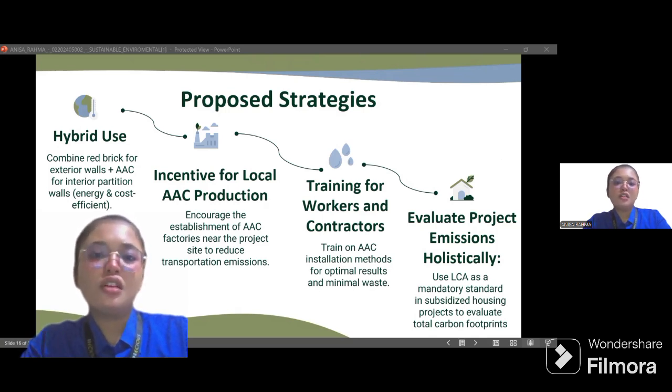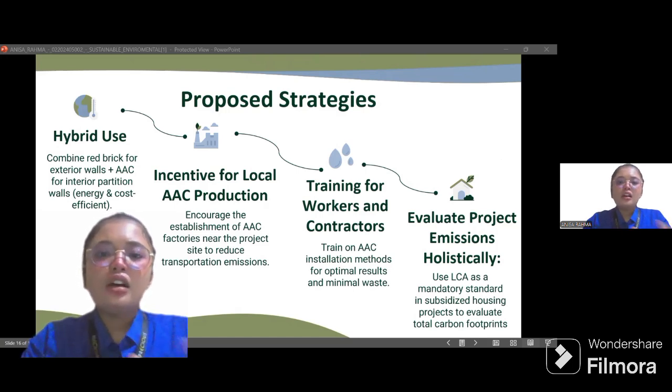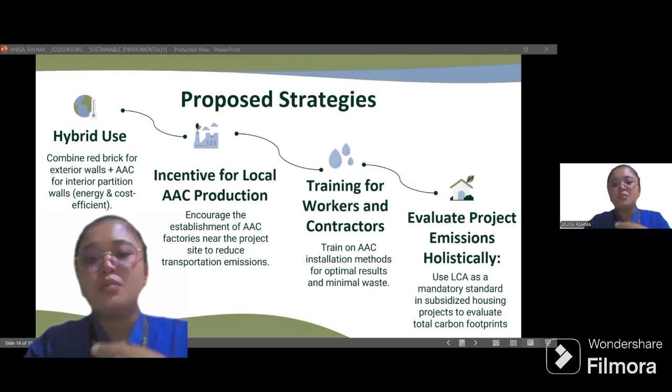But interior walls or partitions use AAC because it's lightweight, quick to install, and has excellent thermal and acoustic insulation. The hybrid system reduces overall material and energy consumption without compromising performance.